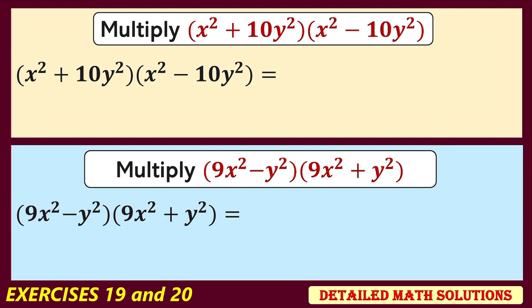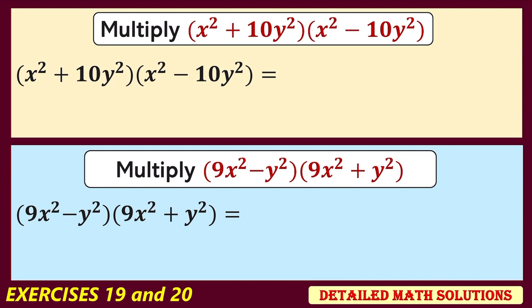First exercise, multiply x squared plus 10y squared in parentheses and x squared minus 10y squared in parentheses. In the first parentheses, I have the sum of the two terms x squared and 10y squared.